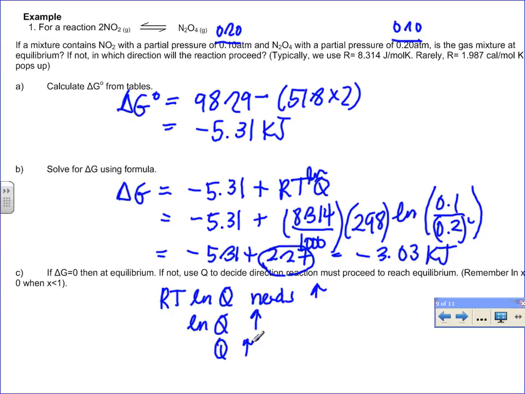So in this case, the reaction needs to shift left. Sorry, no, it needs to shift right, because we need Q to get bigger, so we need the products value to increase, so we need the reaction to shift right.